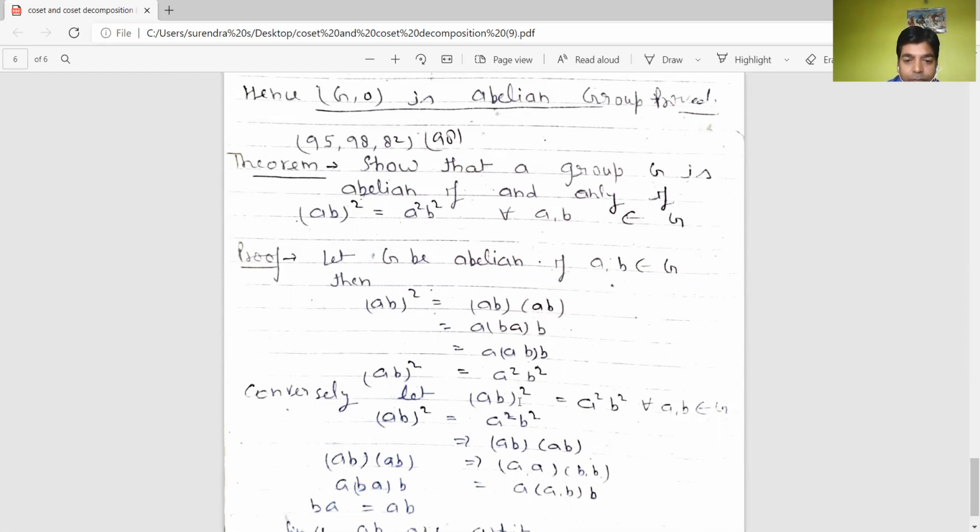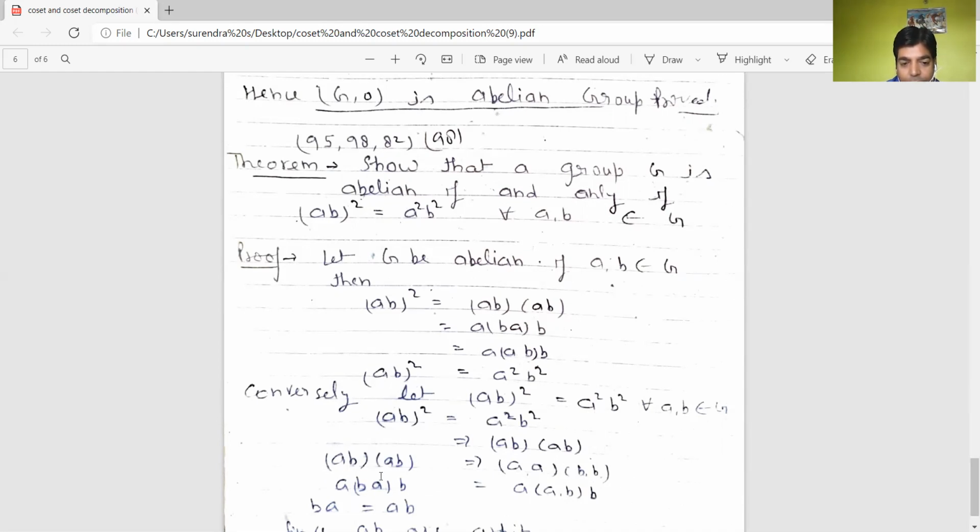Now conversely, we see that (AB) whole square is equal to A square B square for all A, B belonging to G. (AB) whole square can be written as AB and AB, and A square B square can be written as AA in the first bracket and BB in the second bracket.